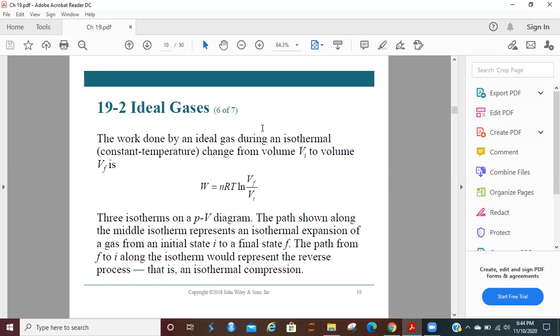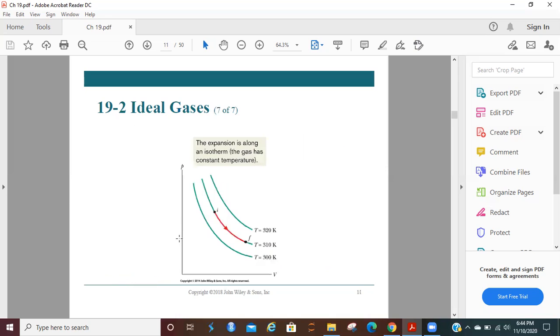So the work done by an ideal gas during an isothermal, or constant temperature, change from an initial to a final volume is going to be given by this particular formula. So if we look here, we've got a PV diagram.